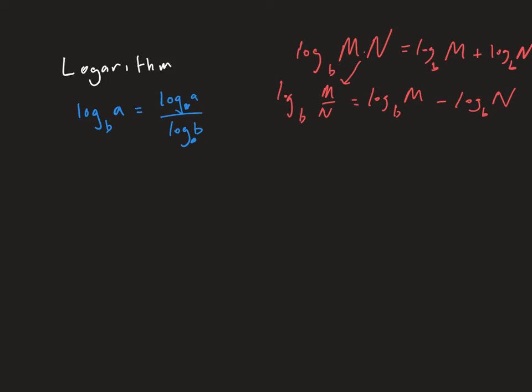So it could be log base 3000 of a, but it has to be the same on the bottom and the top. So it'd be log base b of a equals log base 3000 of a divided by log base 3000 of b. But obviously, when are we going to use 3000? So we're just going to leave it as base 10, and that's what the common formula is.